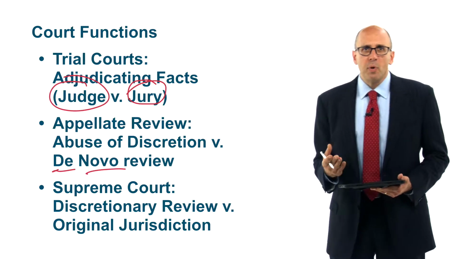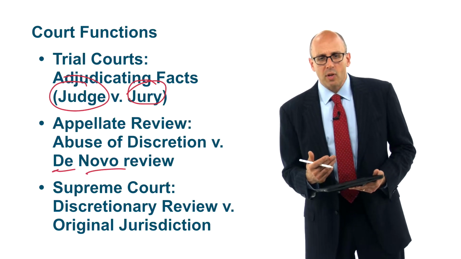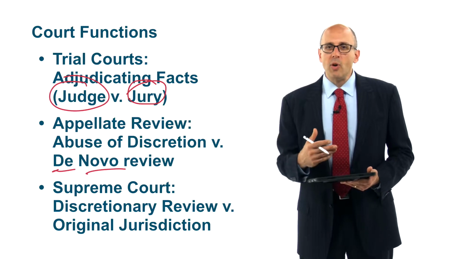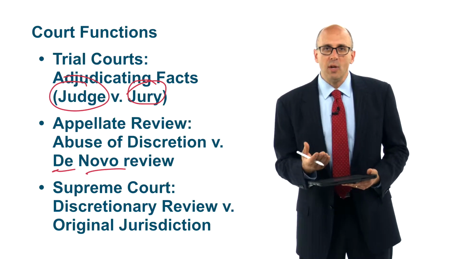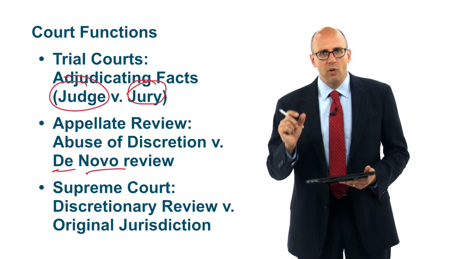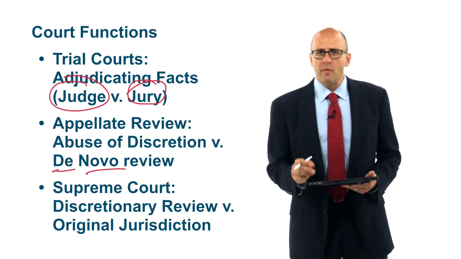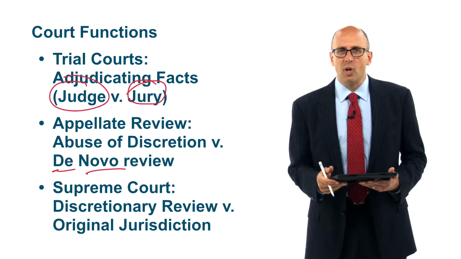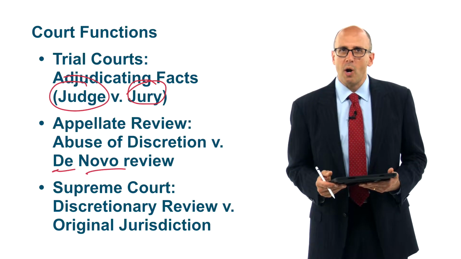And then finally, the Supreme Court, and we talked about this, generally has discretionary review. They don't even have to agree to hear a case. And as I mentioned in the last unit, the US Supreme Court only hears a very, very small fraction of the number of cases for which parties file a petition for certiorari.